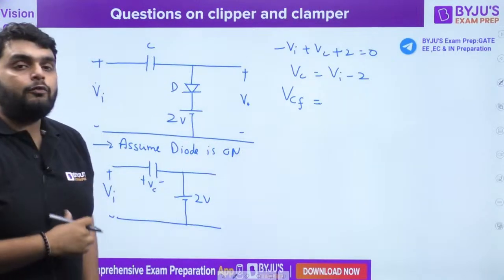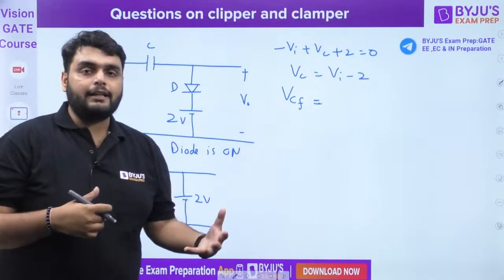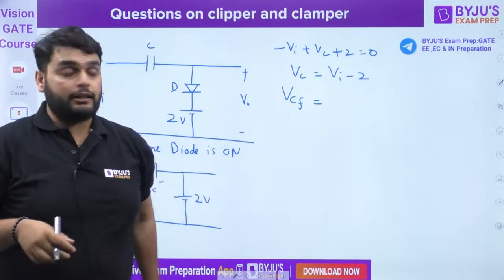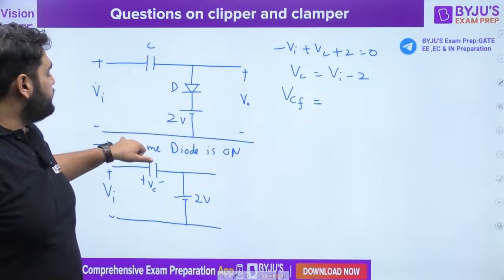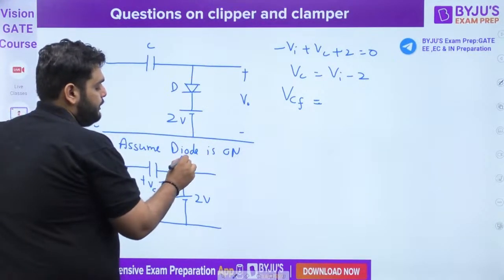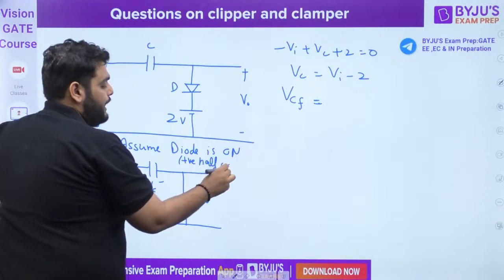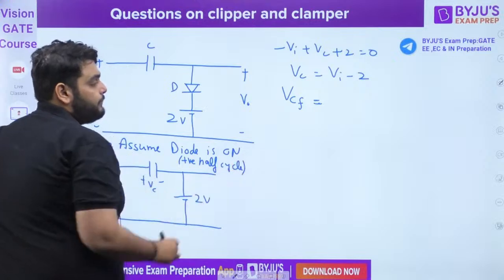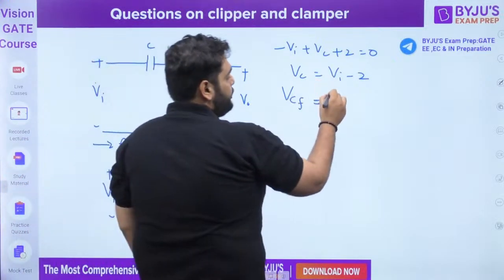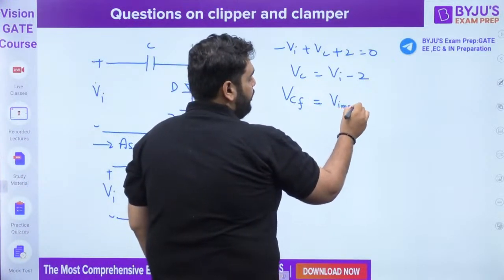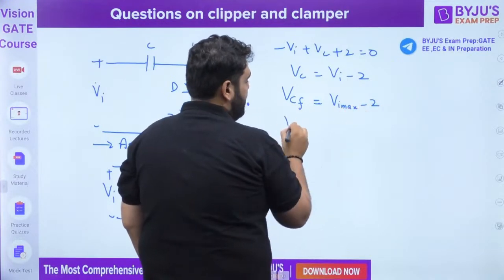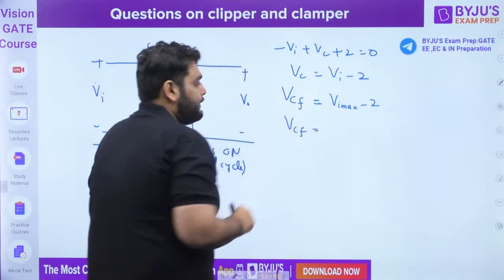The final value will depend on in which cycle the diode is on. You can see the diode is on in the positive half cycle, yes or no? So I will put the VI max here. What is the final capacitor voltage?